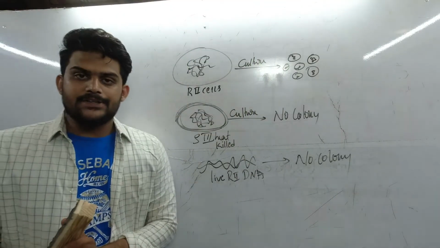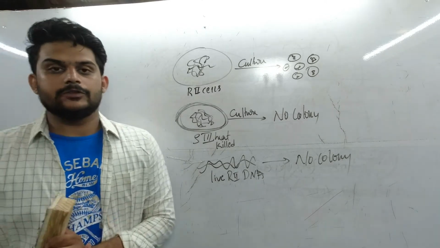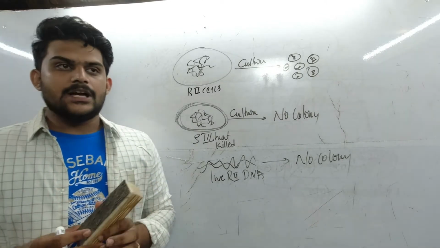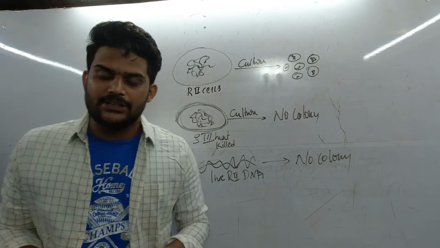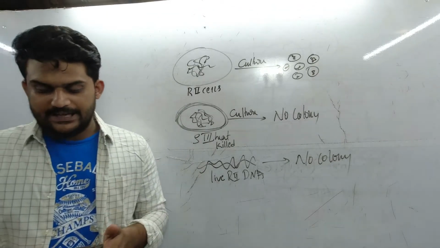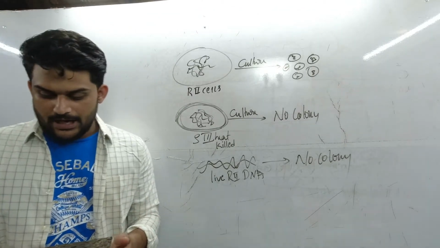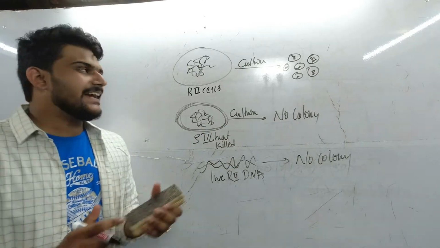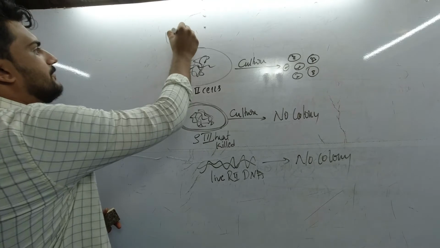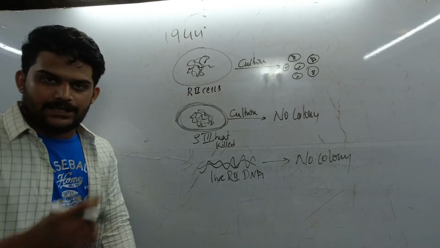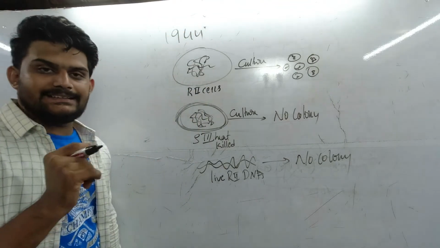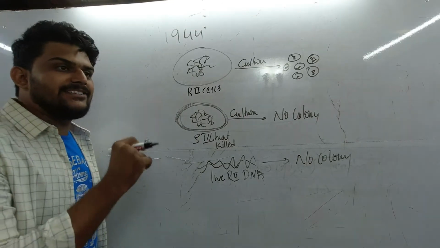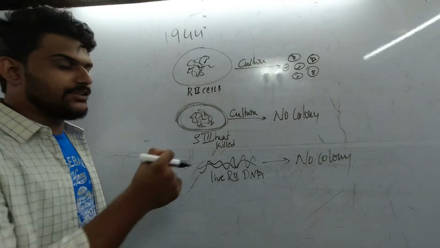Now the work of Griffith was continued by three other biologists: Oswald T. Avery, Colin MacLeod and Maclyn McCarty. In 1944, they started work to prove that DNA has a transforming character, or principle.